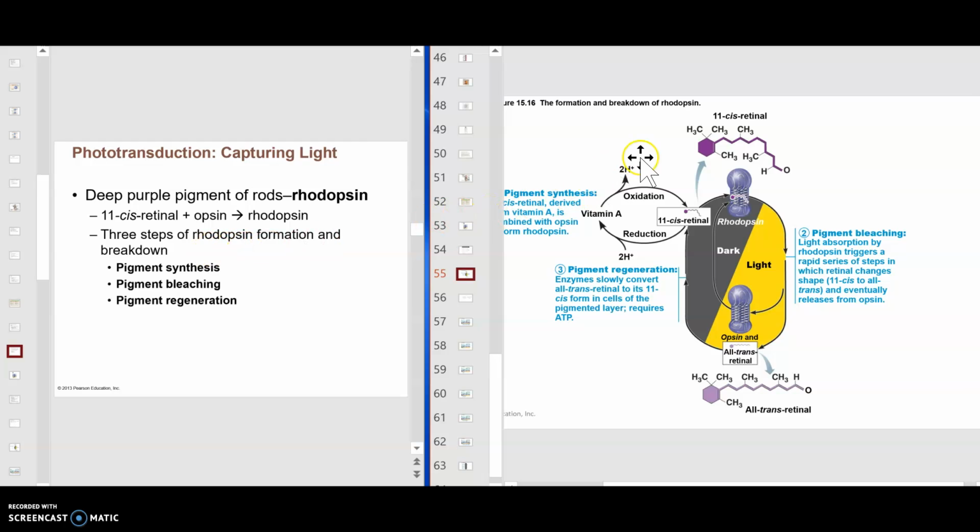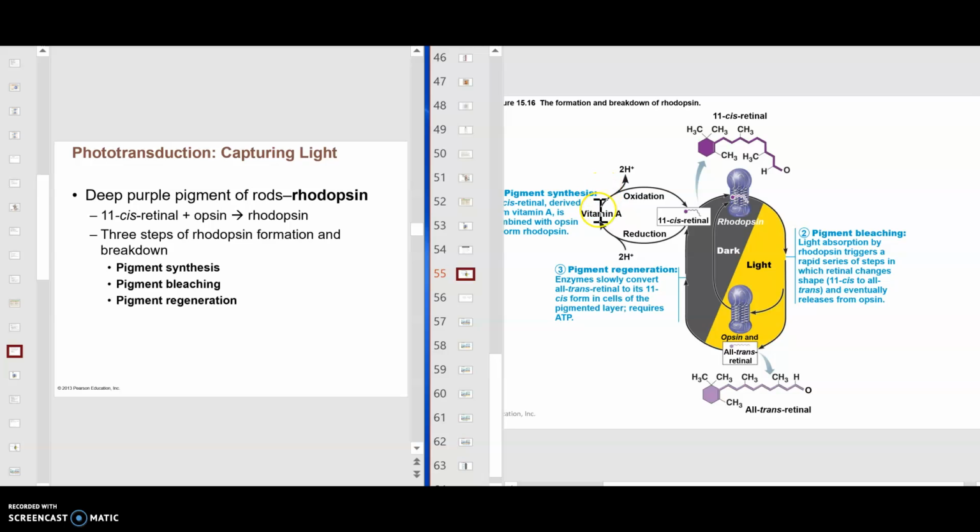Okay, so what will happen is in the cis form derived from vitamin A, so the first thing you do is enzymatically derive it from vitamin A. When it's enzymatically derived from vitamin A, it's going to be in the cis form.